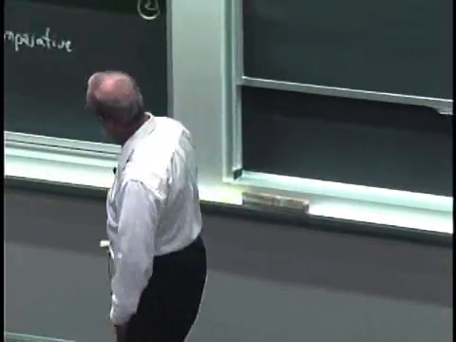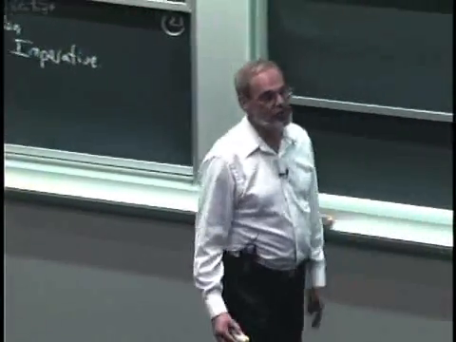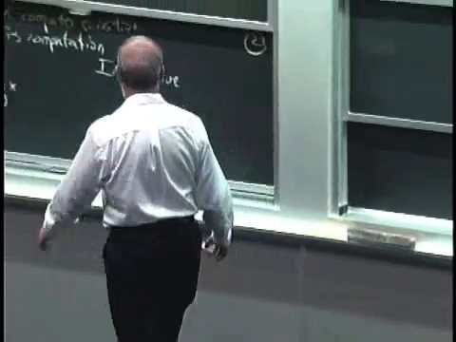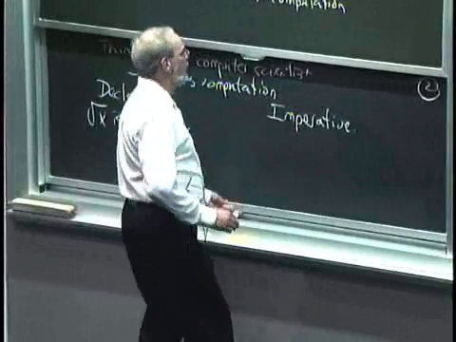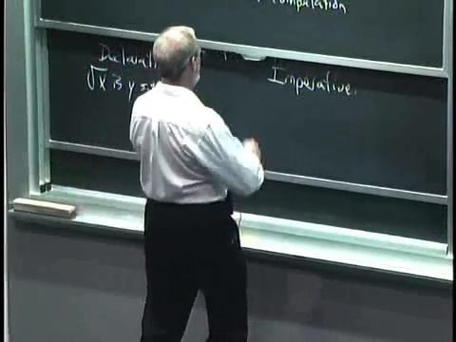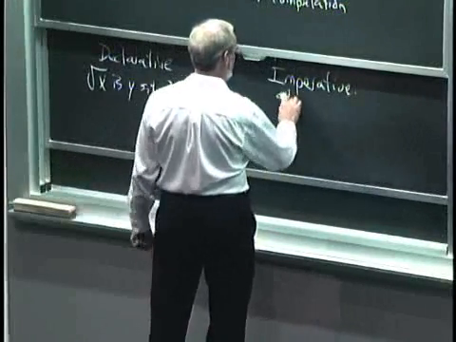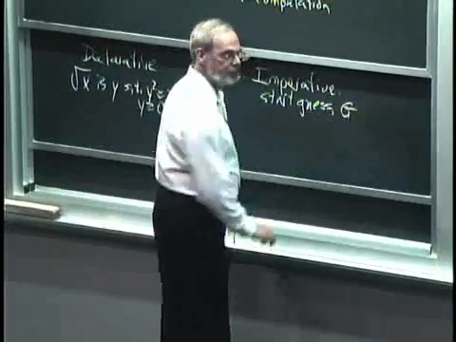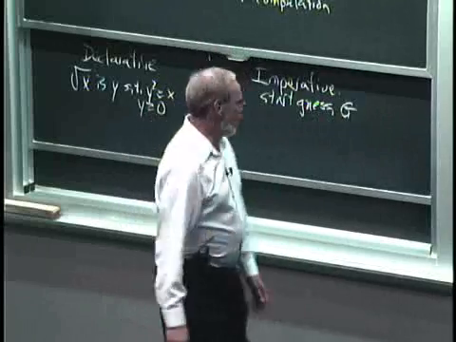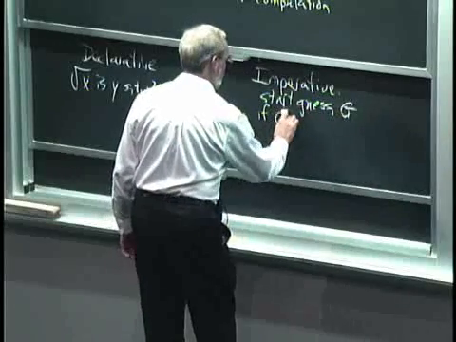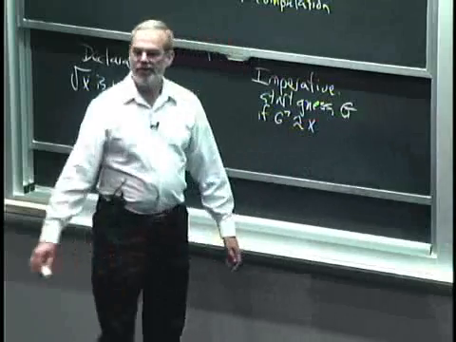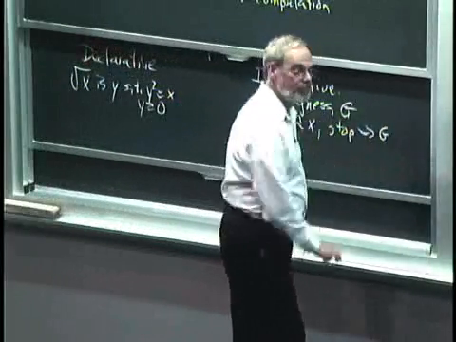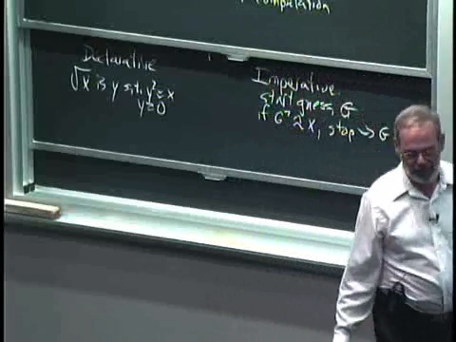This is actually a very old piece of imperative knowledge for computing square roots. It's attributed to Heron of Alexandria, although I believe that the Babylonians are suspected of knowing it beforehand. But here is a piece of imperative knowledge. I'm going to start with a guess. I'm going to call it G. And then I'm going to say if G squared is close to X, stop and return G. It's a good enough answer.